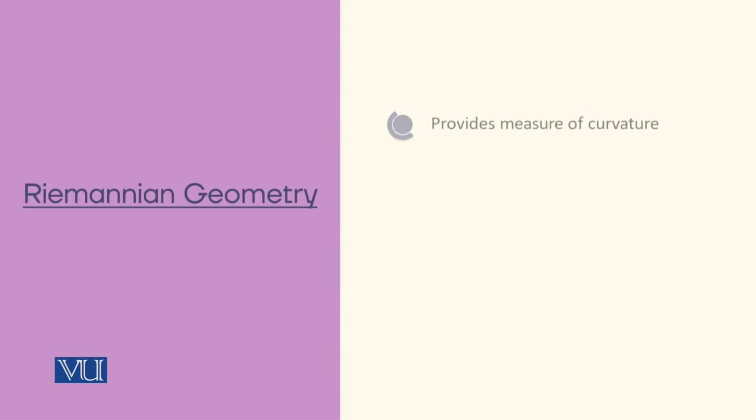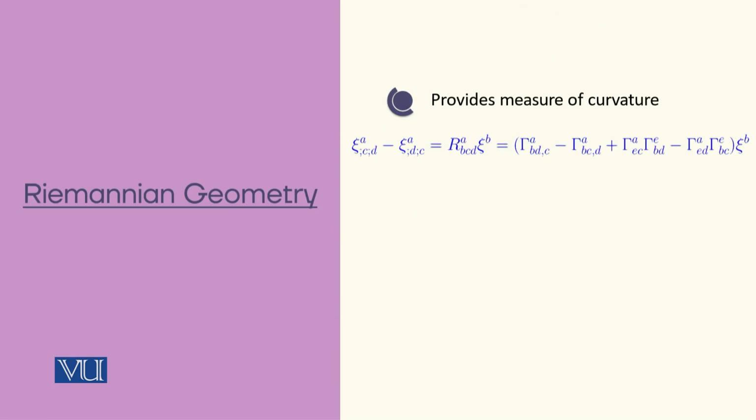Mathematically we can say that this can be measured by the difference of these quantities. Like this is a vector, we take a covariant derivative with respect to c, then covariant derivative of this with respect to d.